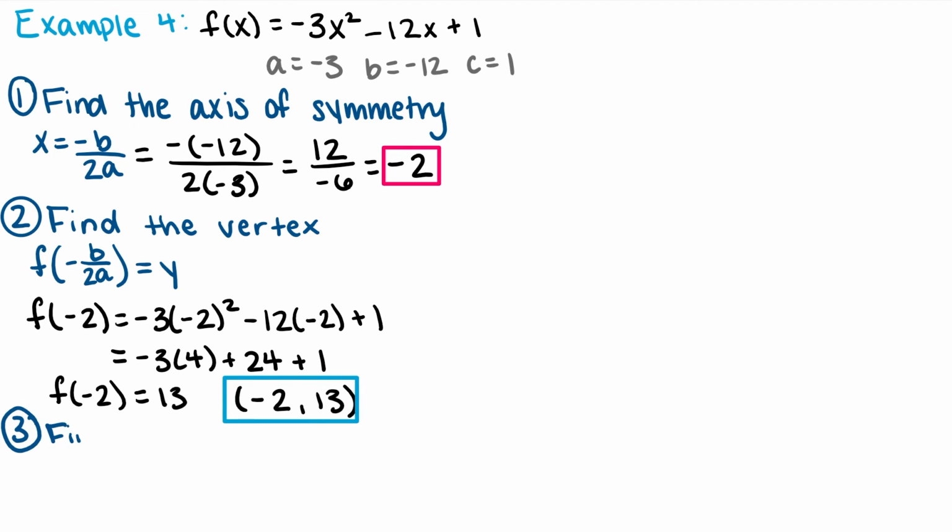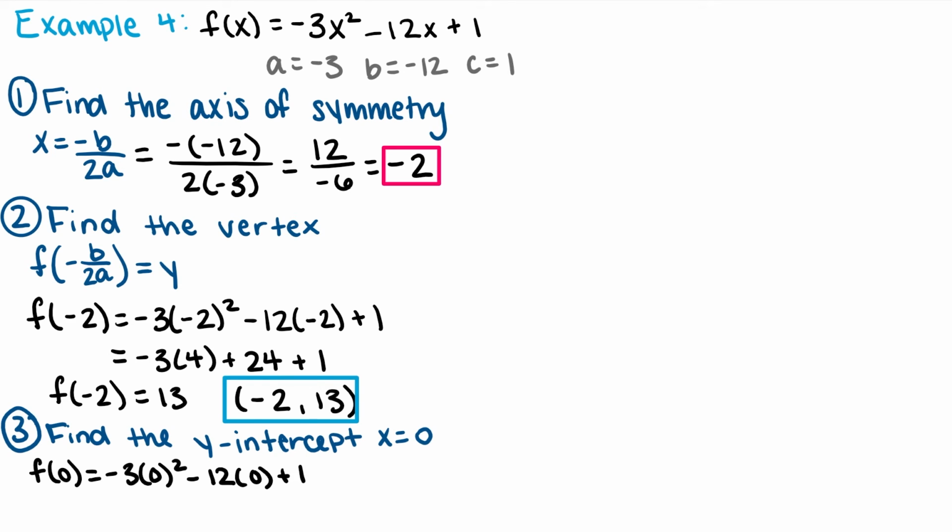Now, let's find the y-intercept by setting x equal to 0. When x equals 0, we get 1, and our y-intercept is (0, 1). Now, let's find additional points.